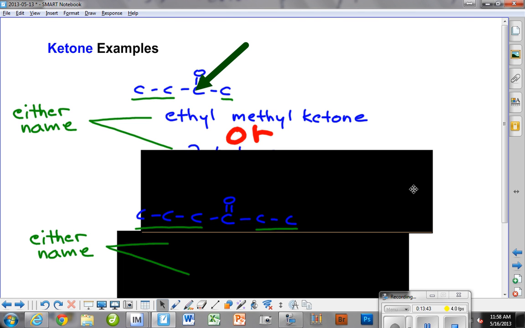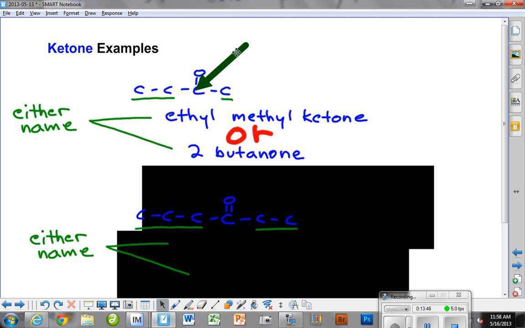Now, there's another way to name these guys, and that would be to call it a 2-butanone. The O-N-E for a ketone, and the but because there's 4 carbons in the chain, and the double bonded O becomes kind of like a substituent on number 2. But because this is a functional group, we're referring to it as the functional group, and it's in the number 2 position. And that's it for naming a ketone.